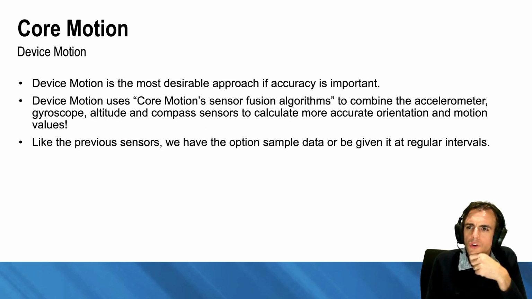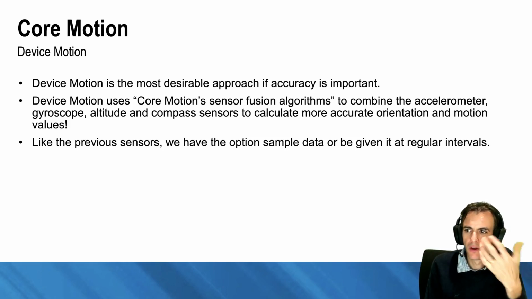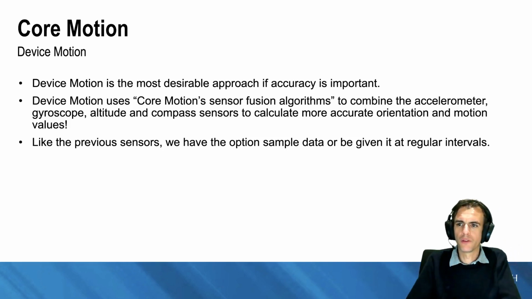Okay, so I should talk about device motion. So device motion is something that combines a number of the different sensors together to provide the most accurate motion or movement information.